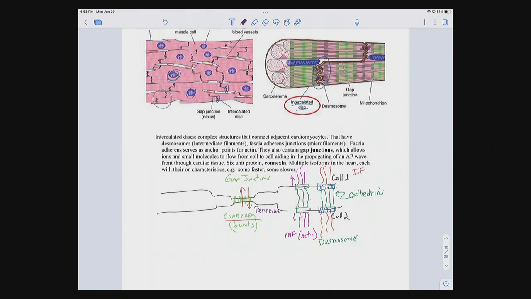Because what I just told you is that you have ions flowing from one cell to another cell, and if you don't have these types of structures that help the cells adhere, then when one cell contracts, pulling from the other cell, it literally will tear the gap junctions apart. So the function of the intercalated disc is to strengthen the contact so that the cardiac cells don't literally tear each other apart and, of course, destroy themselves functionally.